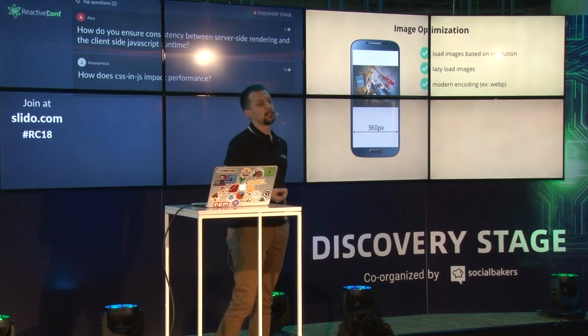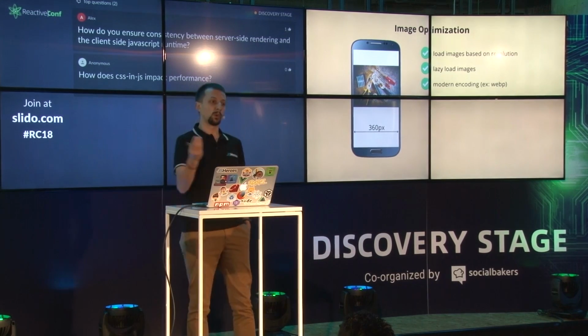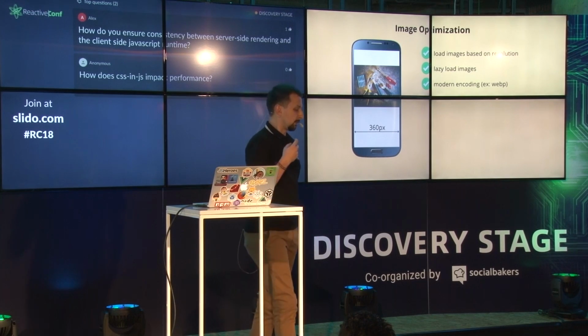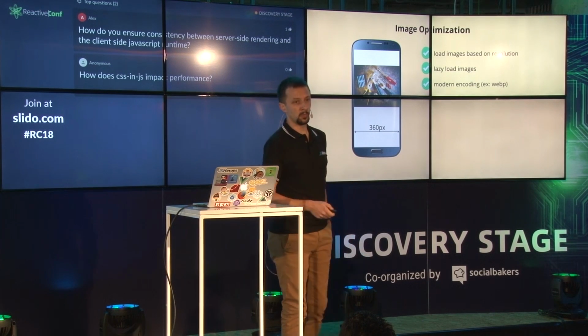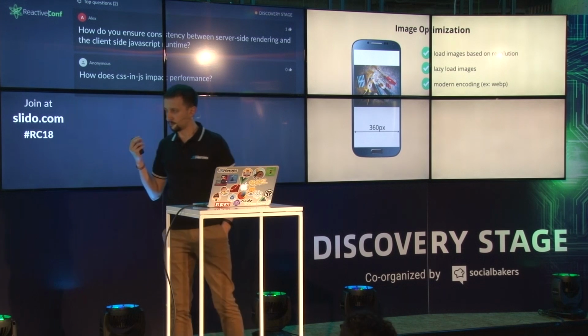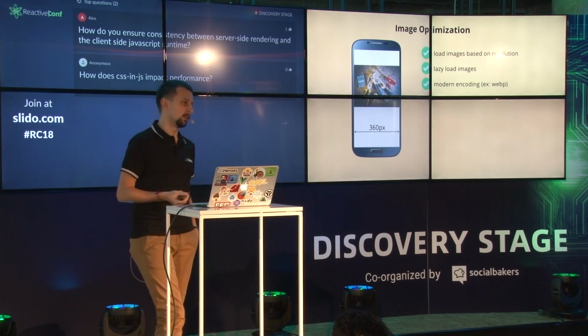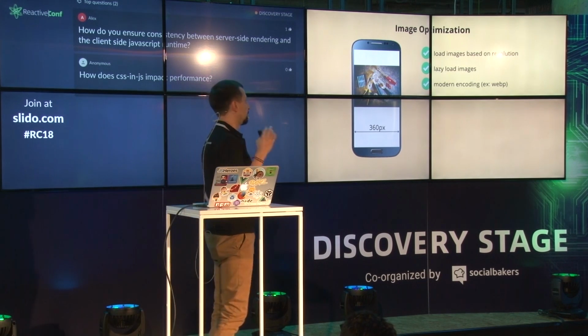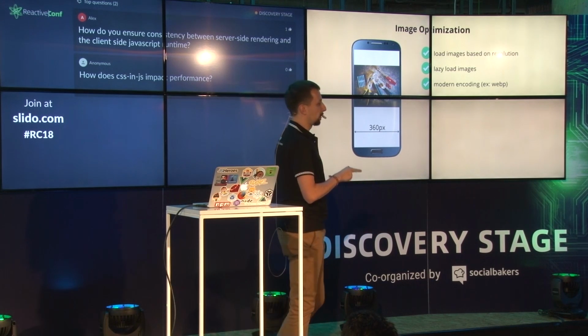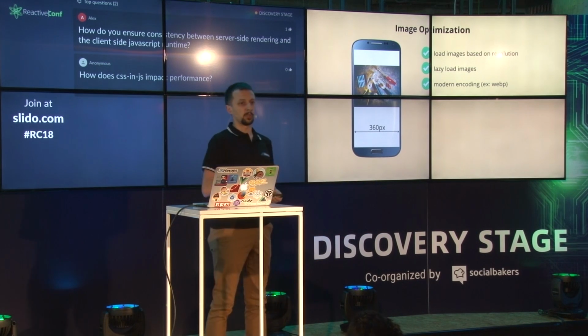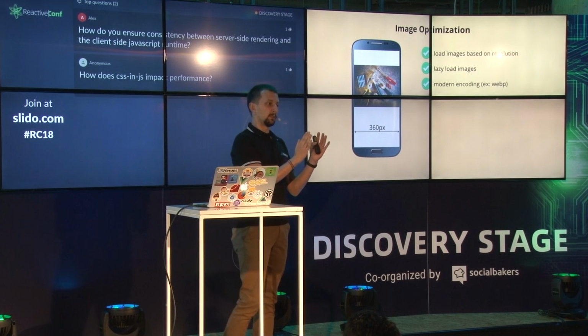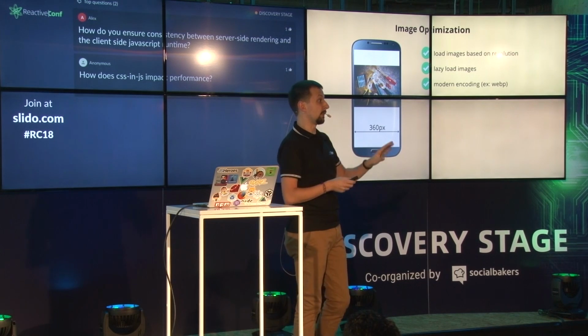Unfortunately, here there's not a single encoding that works across browsers, but there's WebP in Chrome. There's JPEG 2000, I think, in Firefox. Each browser supports some form of modern encoding, which will get your JPEG twice as small while maintaining the quality.